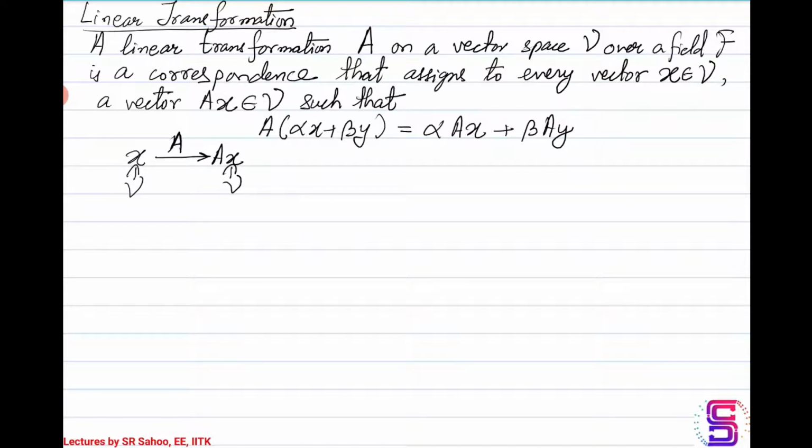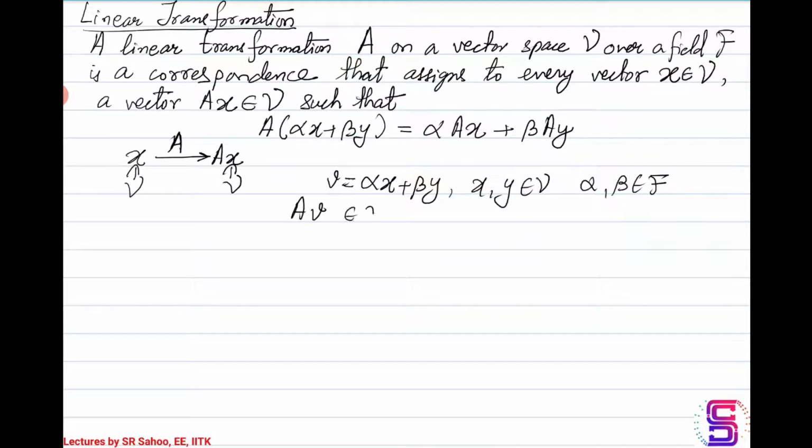In addition to this, if you consider a vector which is a linear combination of two vectors from the vector space, then this is also in the vector space. Obtain another vector, let's say this is W, which is the linear combination of the transformed forms of the vectors x and y respectively.